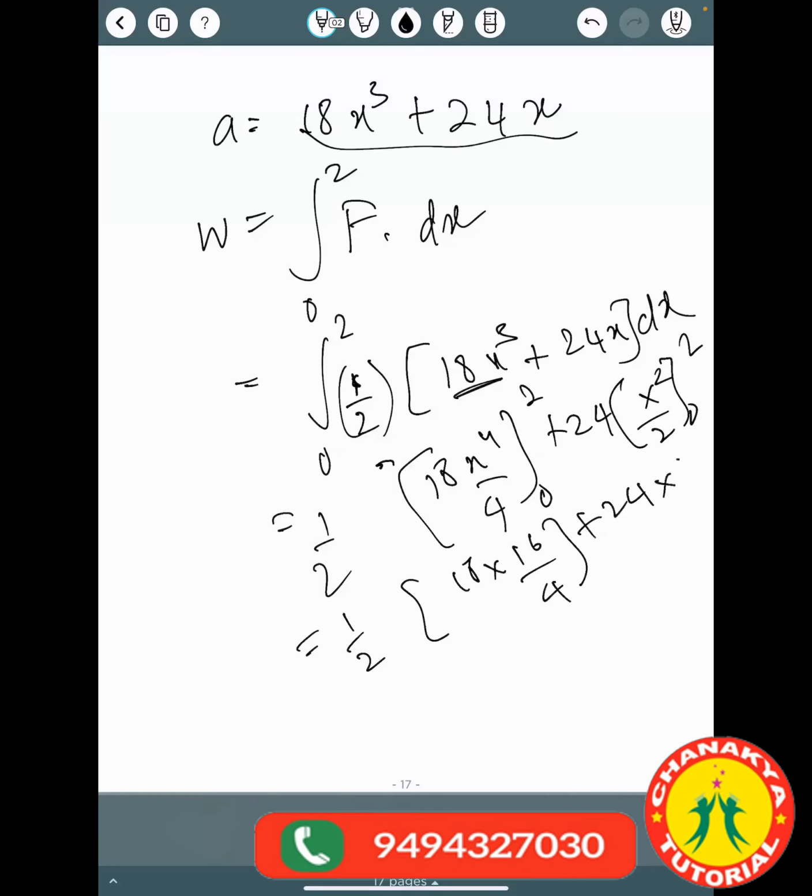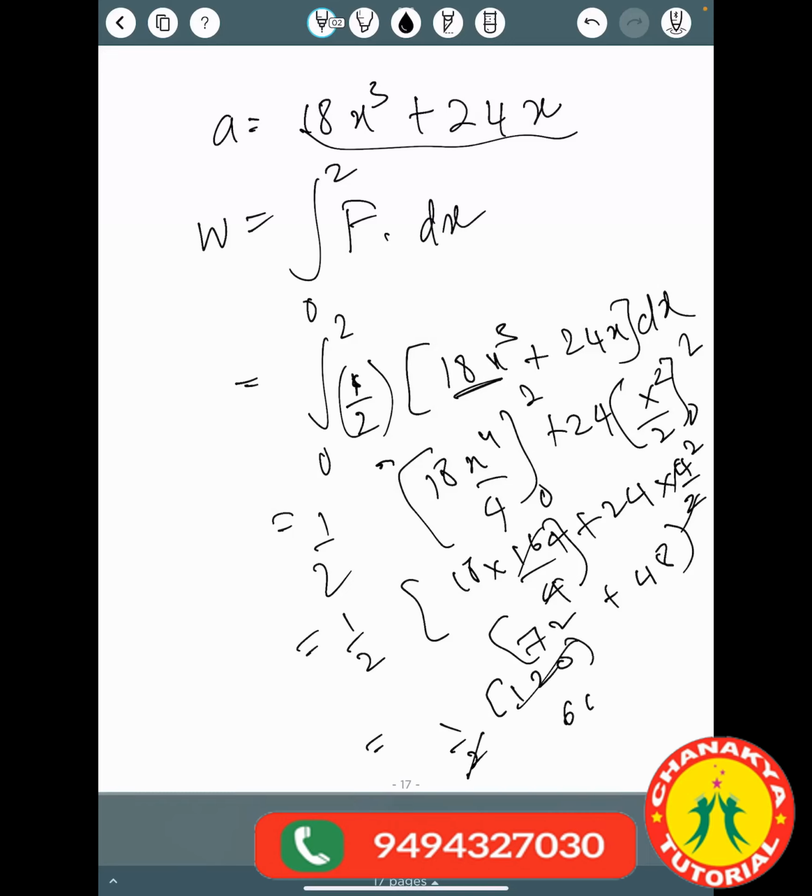Plus 24 into 4 by 2 is 48. 72 plus 48 is 120. So finally 1 by 2 into 120, I am getting 60 joule.